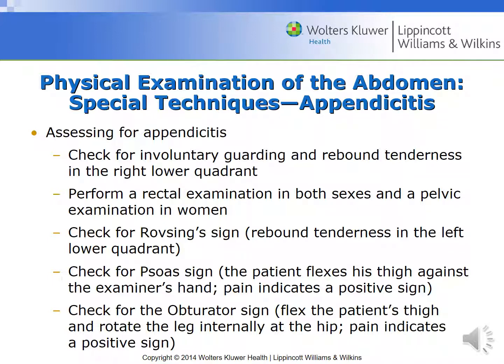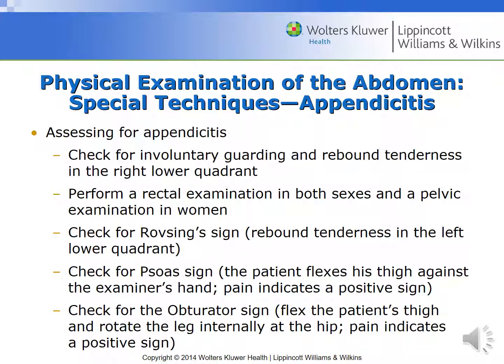Generally, this is not usually the first go-to if they're having this type of pain, but of course, if your assessment warrants it, then you could go for it. You can check for Rovsing's sign, and that's rebound tenderness in the left lower quadrant. So thinking about that referred rebound tenderness.